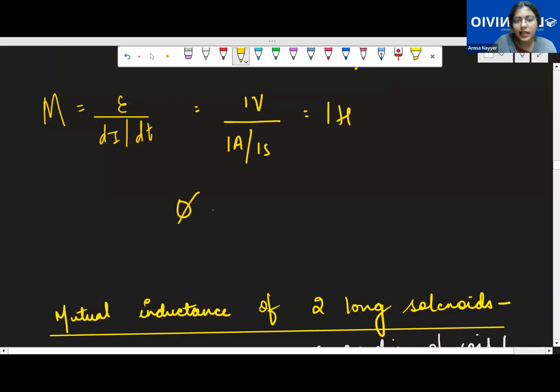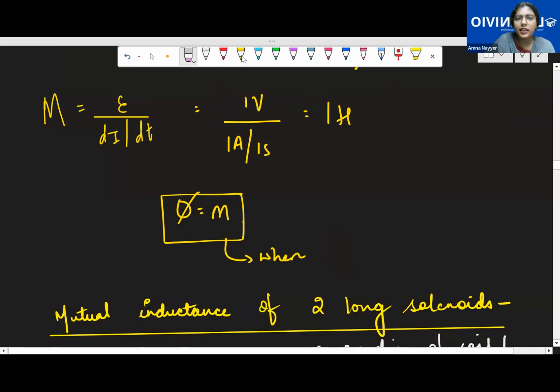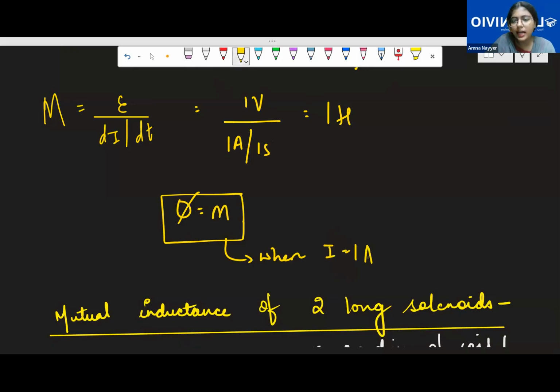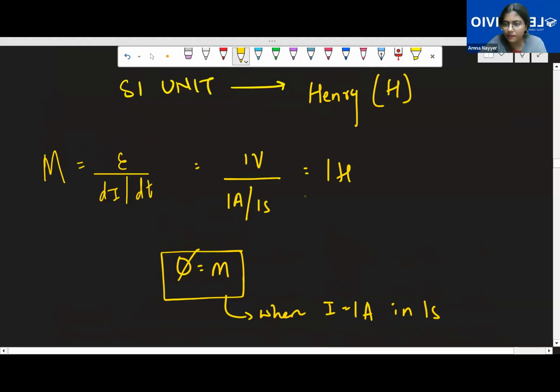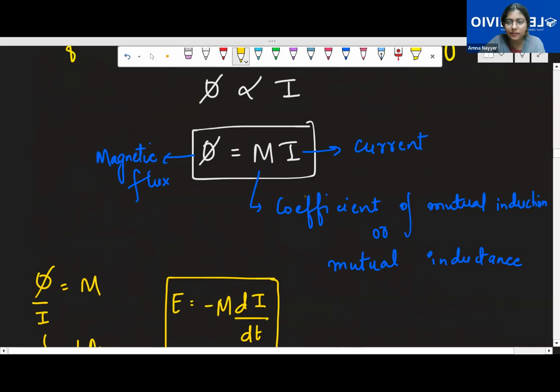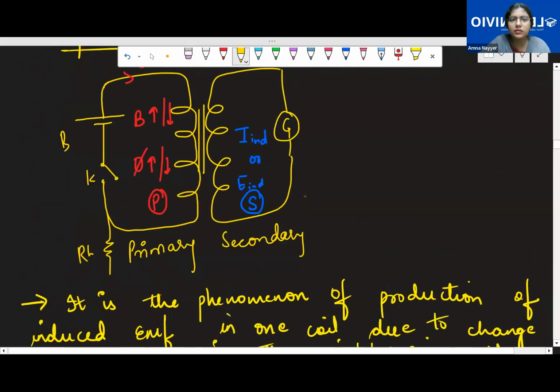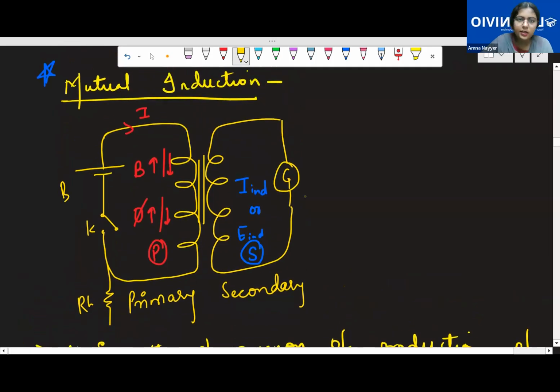And what I told earlier also, phi is equal to M dI over dt, or in fact just I also will help us, when I is equal to 1 ampere in 1 second. I think this is just a repetition of what we have done. It's just addition of one more coil. Have you all got this mutual induction clear? Yes. Okay. So write it, then one last derivation from the solenoid that we discussed. Okay, write it.